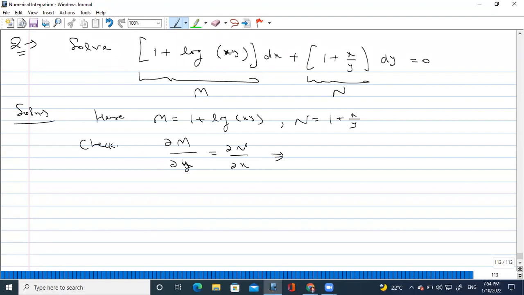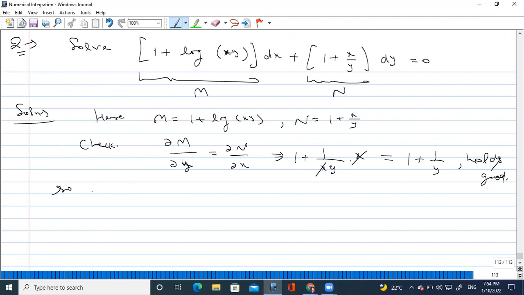Differentiate m with respect to y: it will become 1 plus 1 upon xy into x. That should be equal to del n over del x. If you do it, it will become 1 plus 1 upon y. So x and x cancel, so it is also 1 plus 1 upon y. This is also 1 plus 1 upon y. It means it holds good.